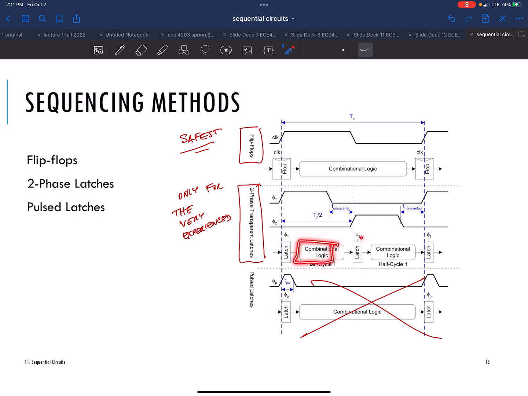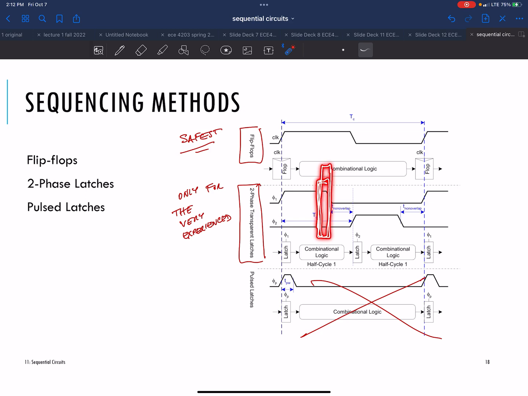At some point here, phi 2 turns on. That means whatever is at the output of this combinational logic will show up in the second combinational logic, right? Now let's say my inputs are still doing funky stuff. They're still moving around here when phi 1 is high.